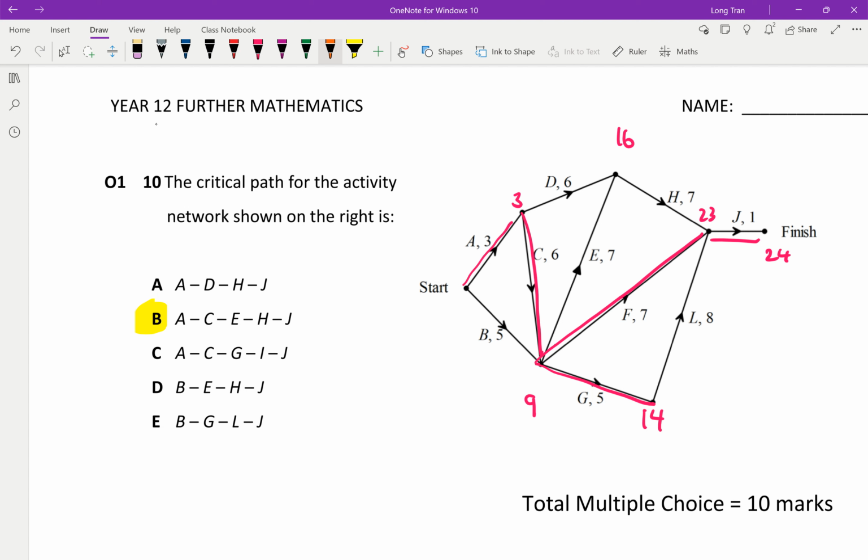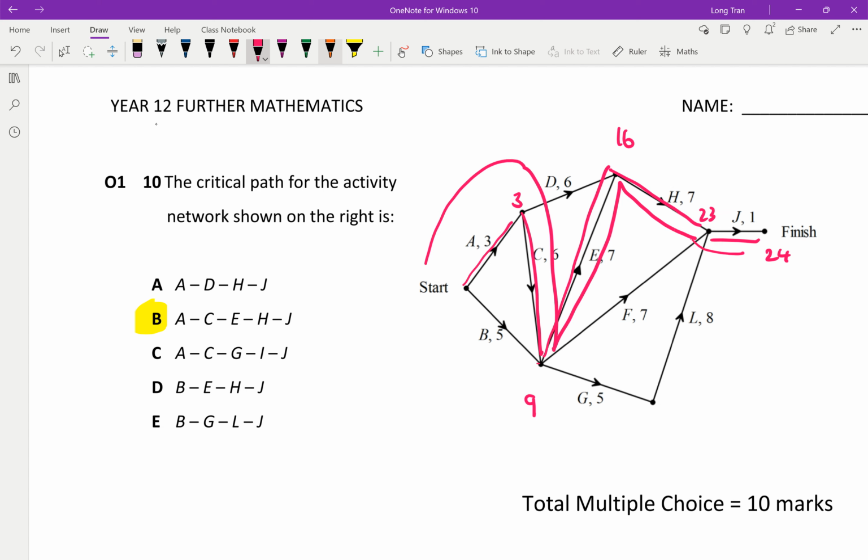Oh, wait. 9 plus 7. No. So it was this way and then that way. Okay, so you can see 3 plus 6 is 9, 9 plus 7 is 16, 16 plus 7 is 23, and then 23 plus the 1 is 24. So that is my critical path.